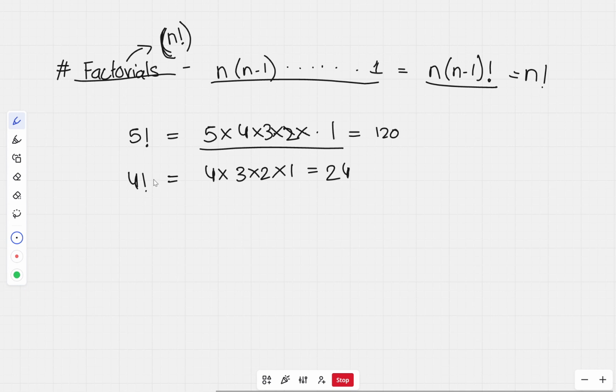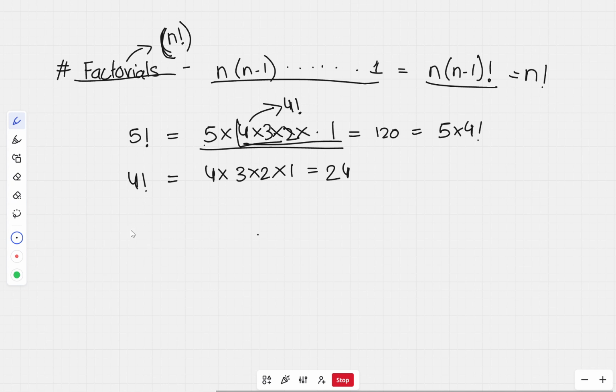Now if we notice, 5 into 4 into 3 into 2 into 1, this part here is basically 4 factorial. So we can write 5 factorial also as 5 into 4 factorial, and same goes for other numbers.